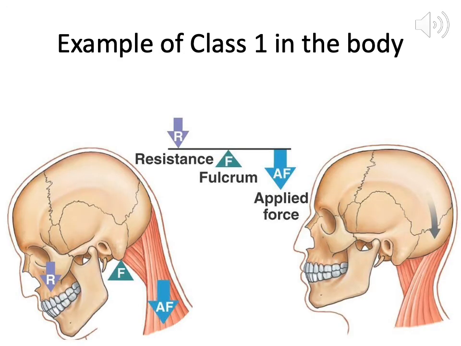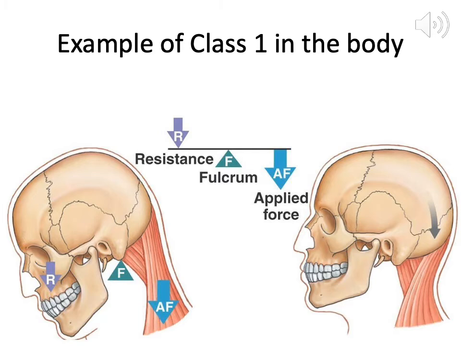There aren't many first-class lever systems in the human body. One example is the lever formed by the head resting on top of the vertebral column, as we can see in the diagram. The resistance is provided by the weight of the skull.